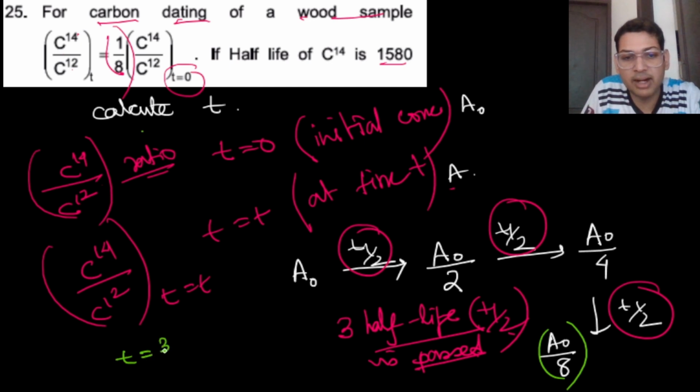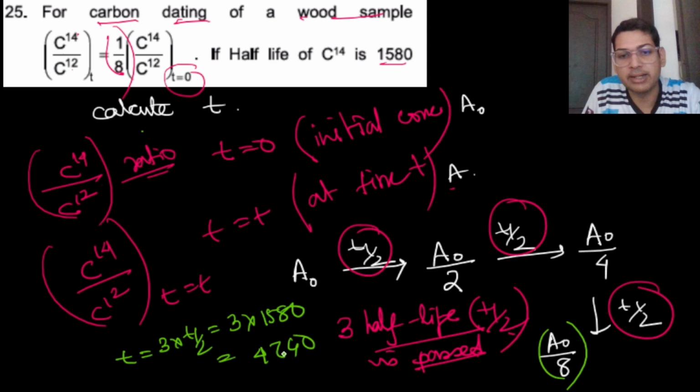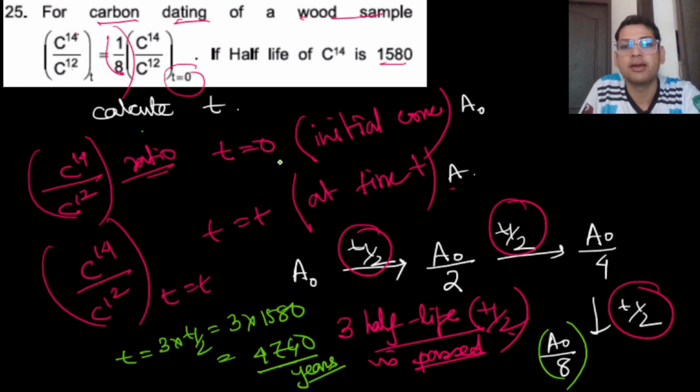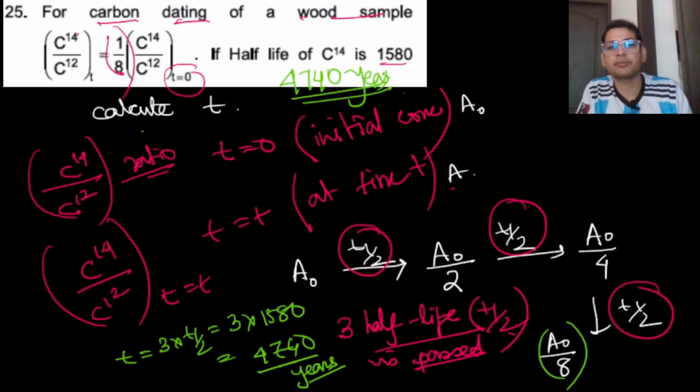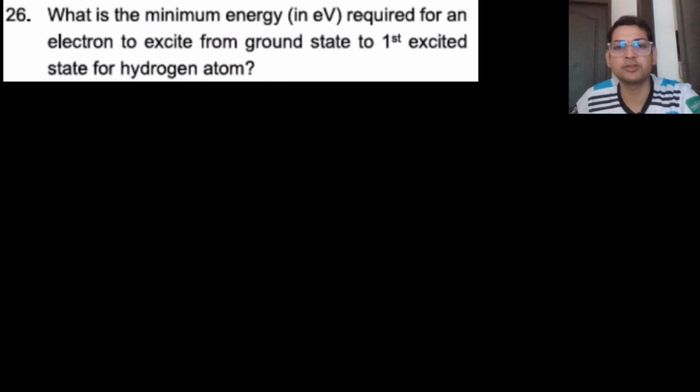Time is 3 into T half, 3 into 1580, which is 4740 years. That will be the answer. Got it or not? Very easily we can do this type of question. Now the next question.